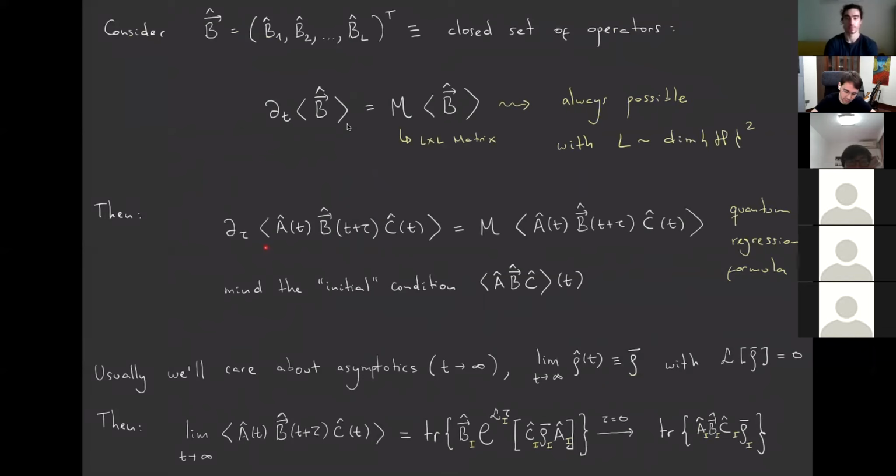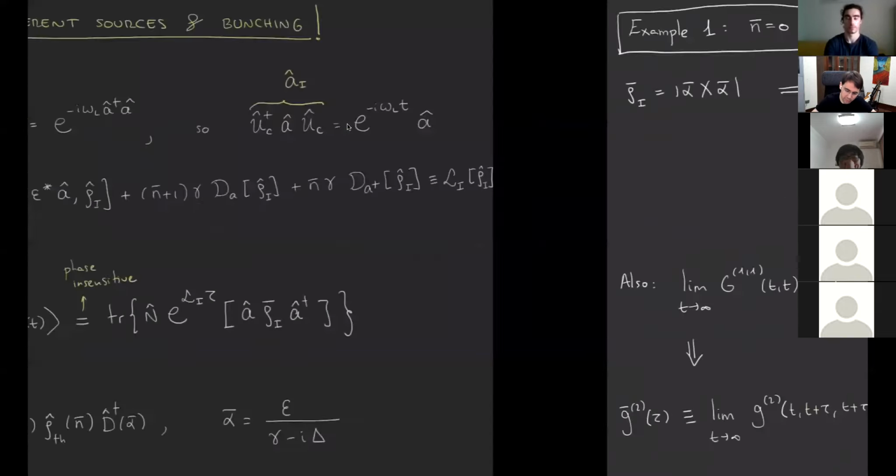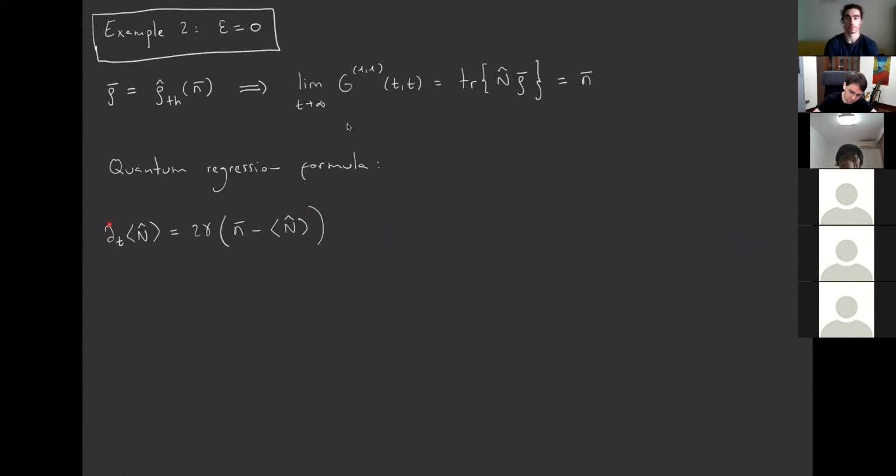So we say here that the time derivative of the expectation value of the set of operators is just a matrix multiplying that expectation value of that vector. So this means that this equation in here, we can write in that form if we define a B operator, a vector of operators that is the following.